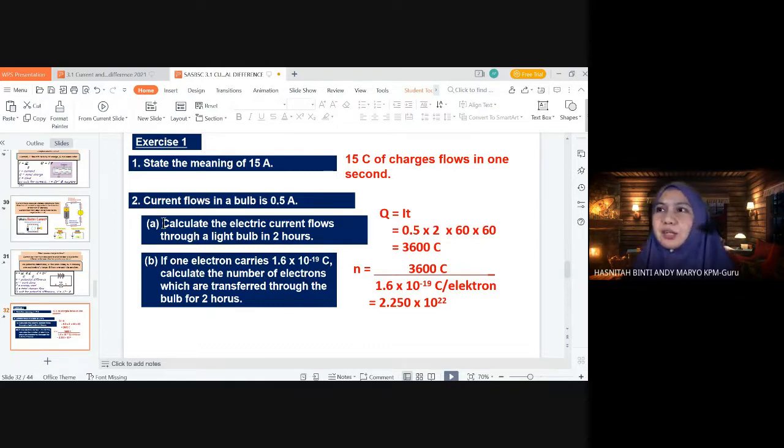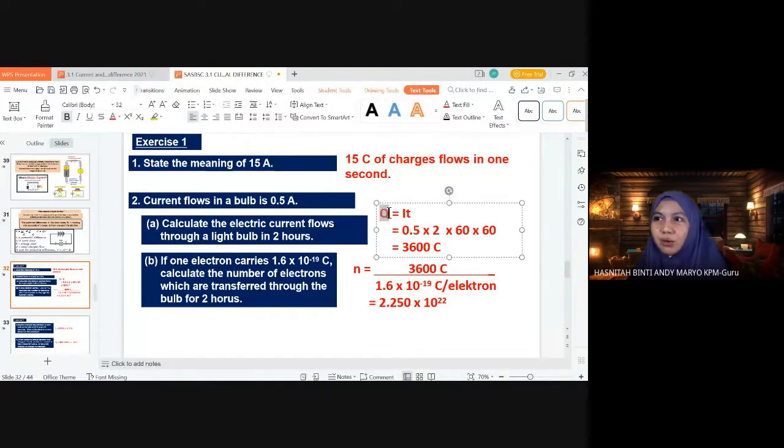The question asks us to calculate the amount of charge that flows through a light bulb in 2 hours, so we are looking for Q.